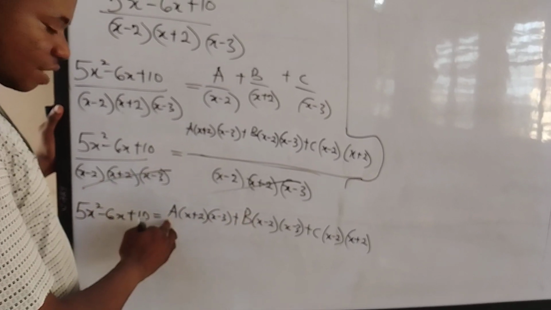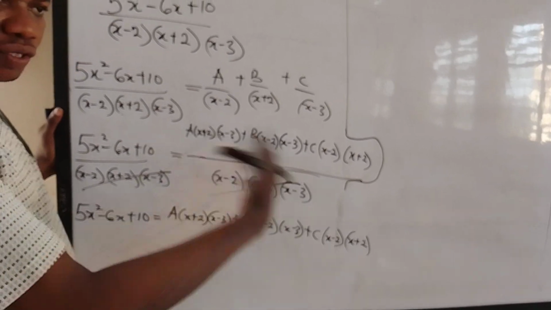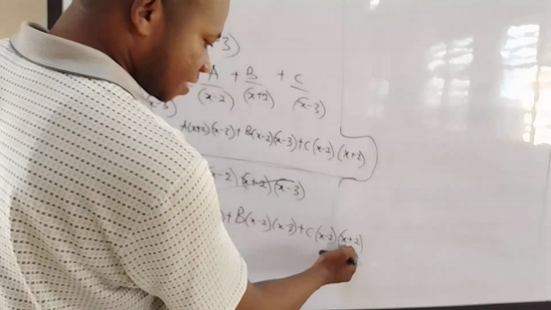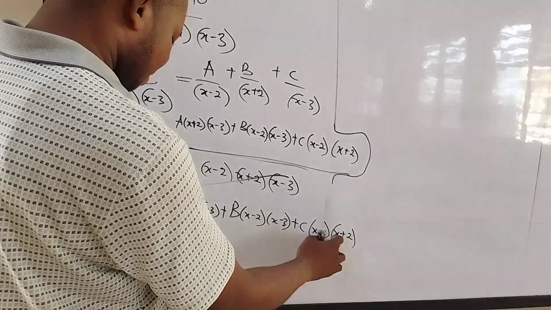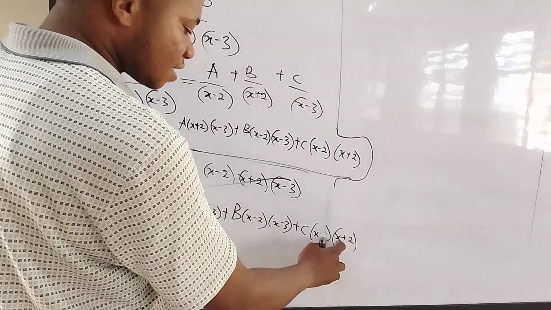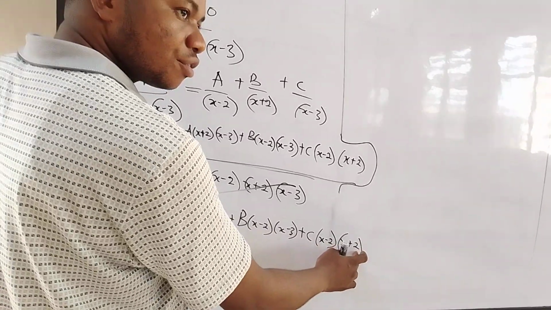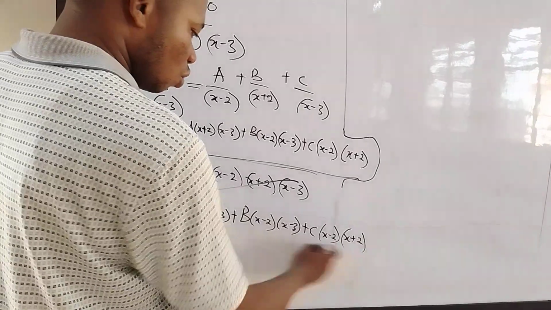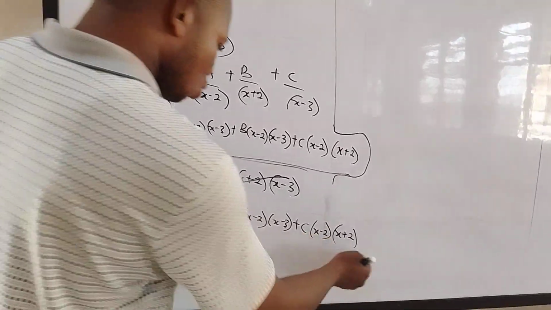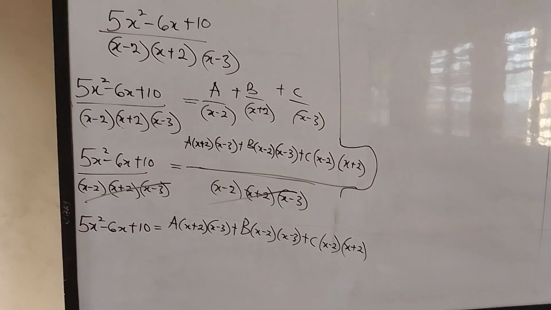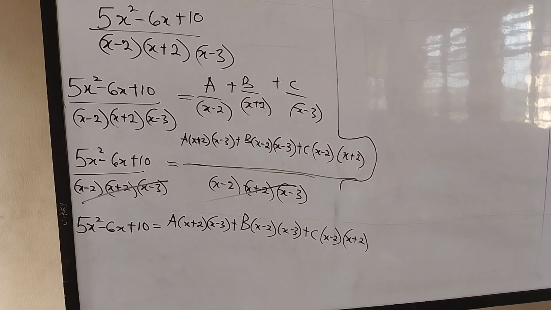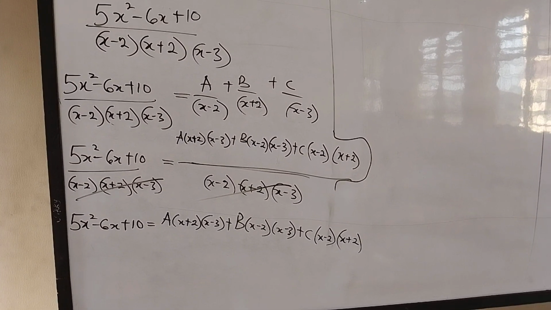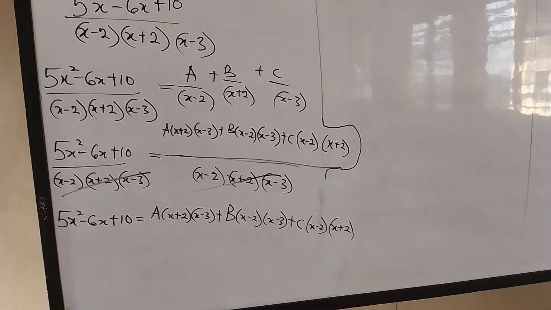Because 0 times A is 0. 0 times anything here is also 0. If you come here too and insert -2 in place of x, -2 plus 2 gives you what? 0 now. So which means that this place will be bygone.